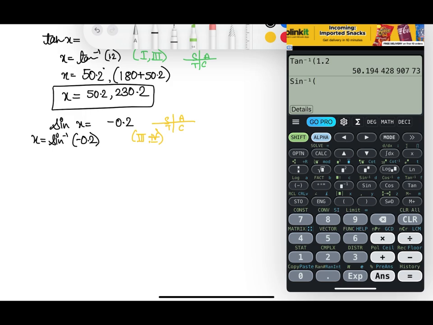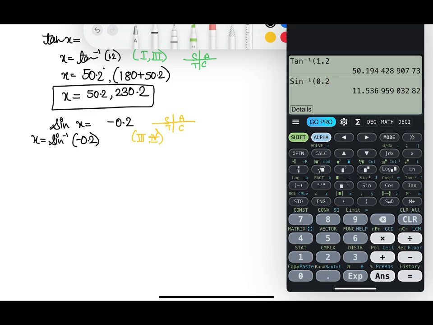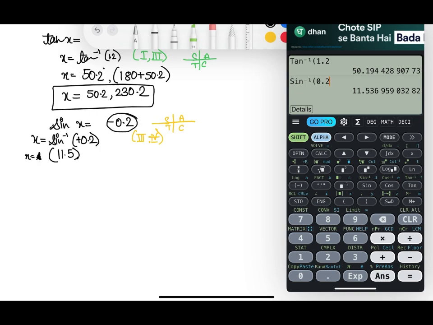Okay, so let's just find it. Sine inverse 0.2 is going to give you 11.5. But we cannot put 11.5 directly, because that would be the value if it were positive, but here the value is negative.